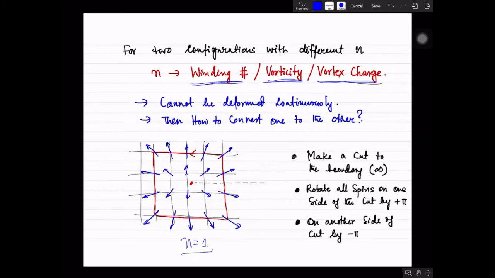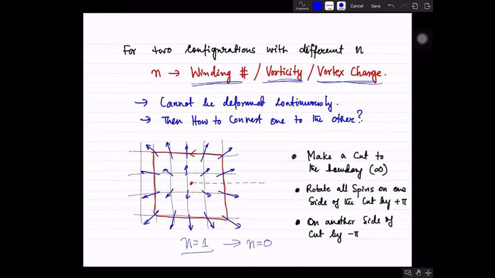The gauge is like saying one definite prescription, but there are many different equivalent prescriptions, and you can try each of them and you would end up with the same conclusion about the physics. So how do I deform this n equal to 1 to an n equal to 0 configuration?